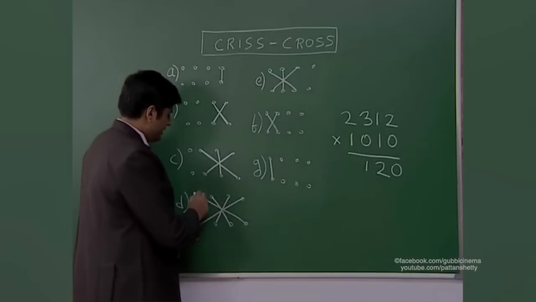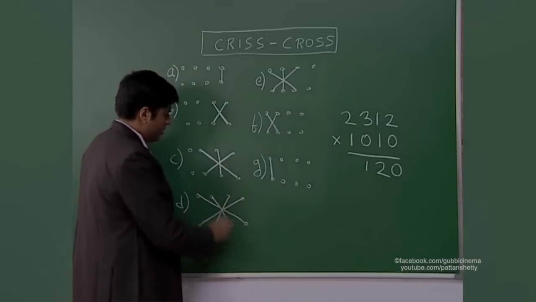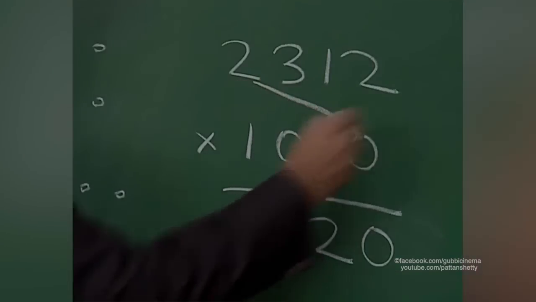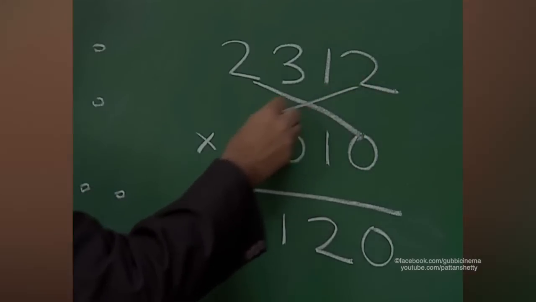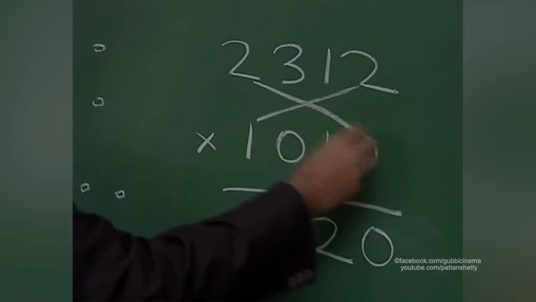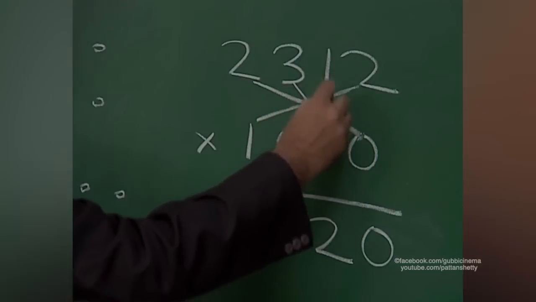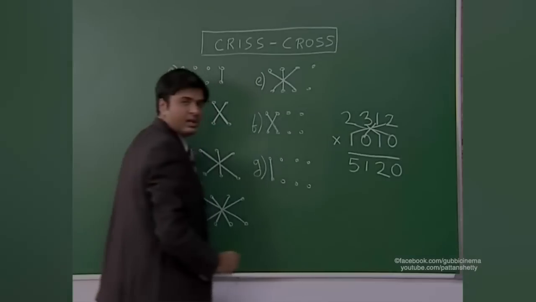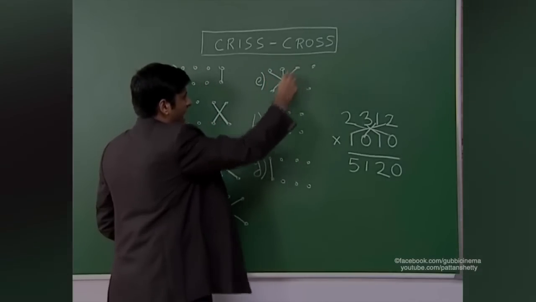Step D says take like this, this, this and this. Join the extremes and join the middle numbers. So here we have 2, zeros are 0, 2 ones are 2, 0 plus 2 plus 3 plus 0. So it is 5. Come to step E, join this, this and this.